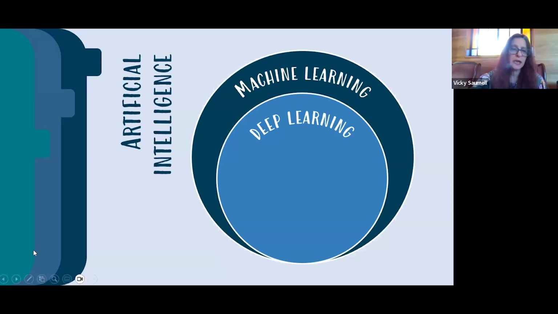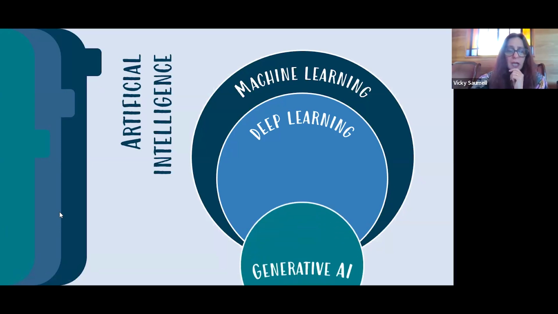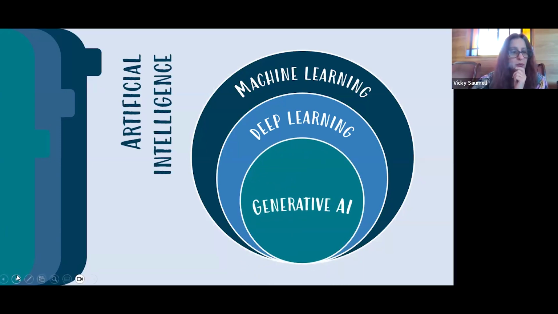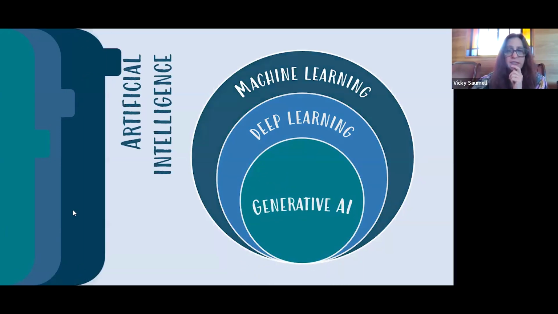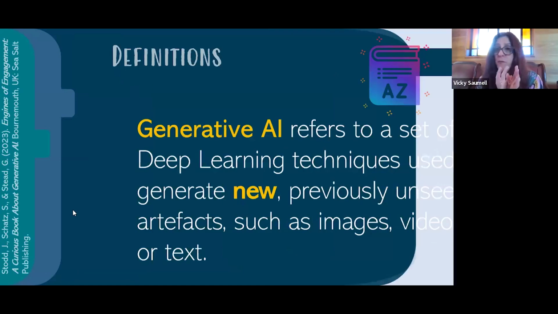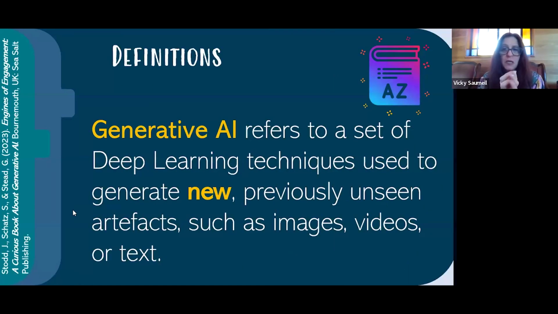Then we get to generative AI. And so what is it? Let's have a look at a definition. This is one of many definitions available. It refers to a set of deep learning techniques used to generate new, previously unseen artifacts, such as images, videos, or texts. Now, the question is, how does generative AI do that?